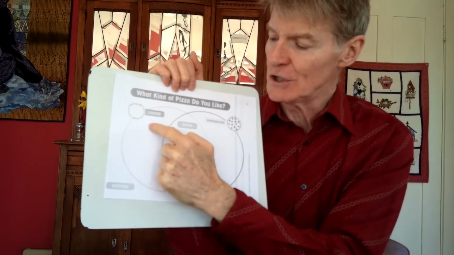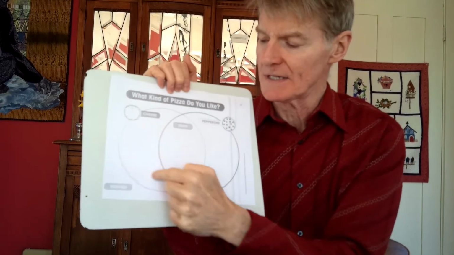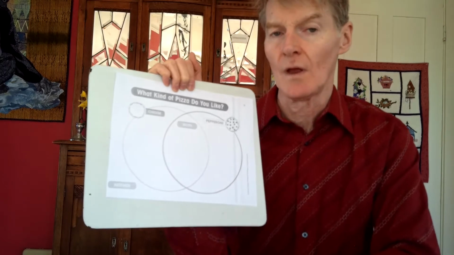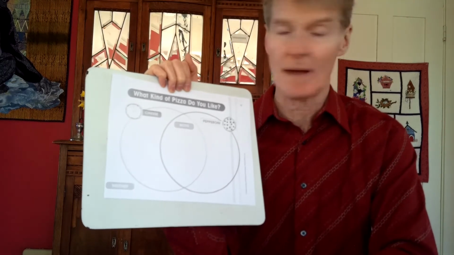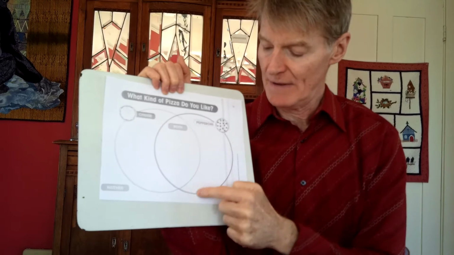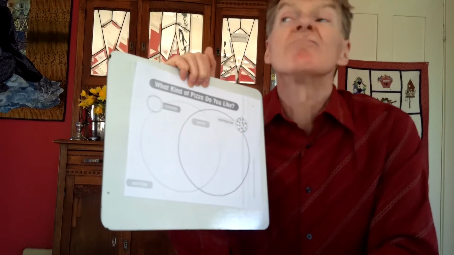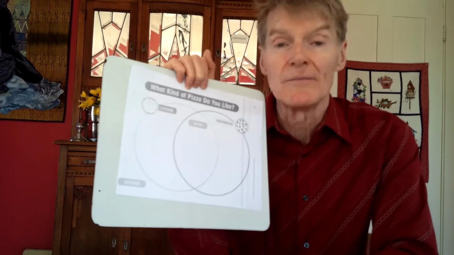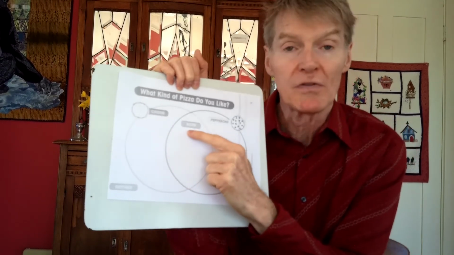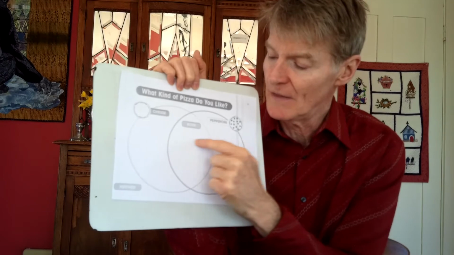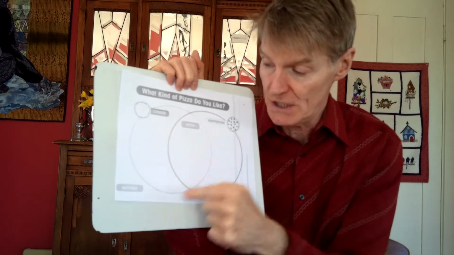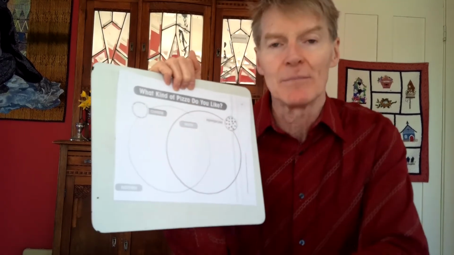If they just like cheese, they write their name in this space. If someone says they just like pepperoni, they write their name in this space here. But if someone says, I kind of like both, then their name goes in the both place, right in the middle. That means they like both cheese and pepperoni.